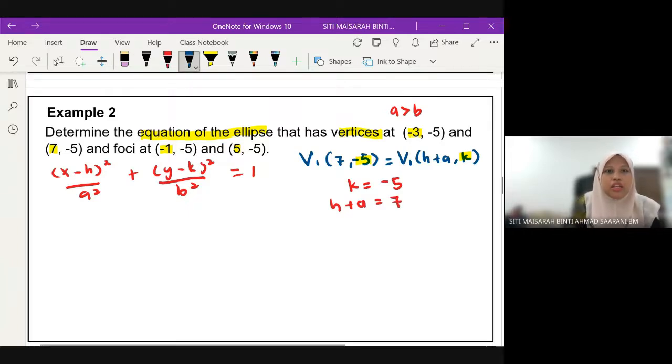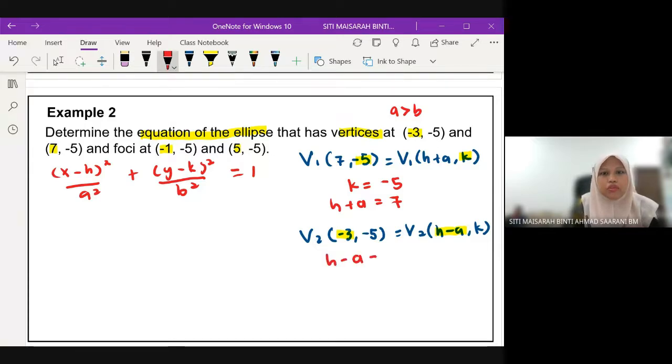Okay, and then V2 is negative 3, negative 5. So this one V2 H minus A, K. Okay. So yang ni compare yang negatif 3 dengan H tolak A lah. So, jadi kita dapat H tolak A sama dengan negatif 3. So let's say ini yang atas tadi tu H plus A equals to 7 ni, equation 1.